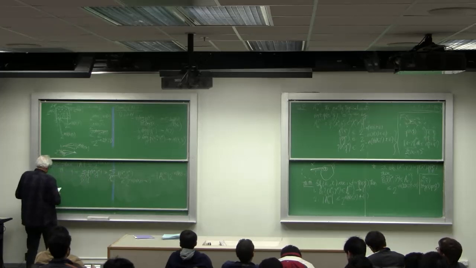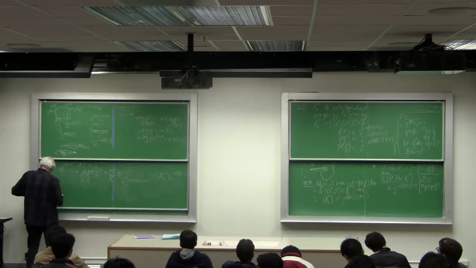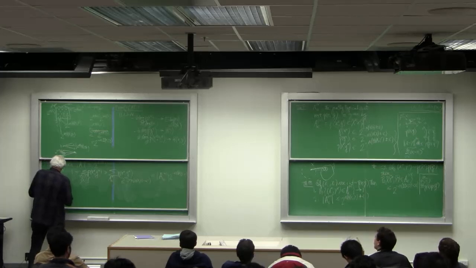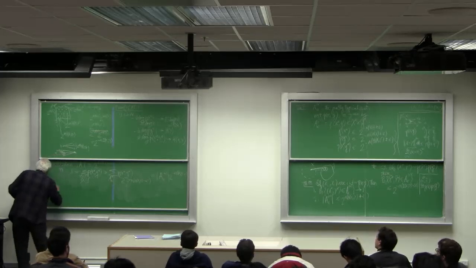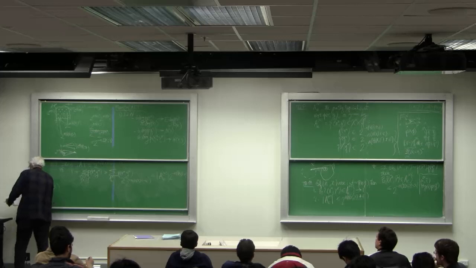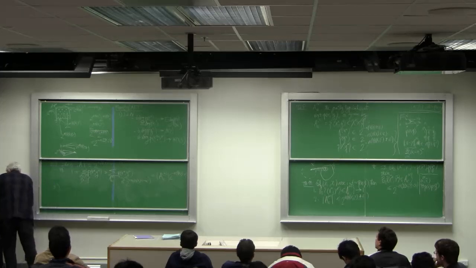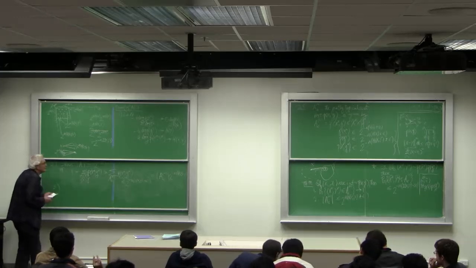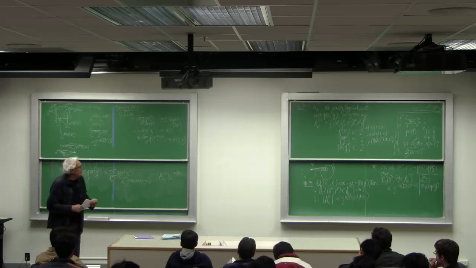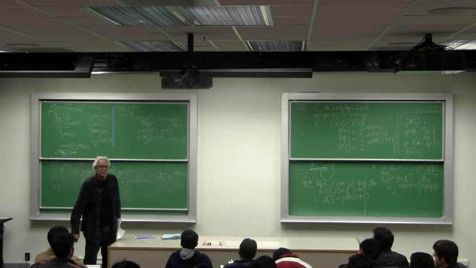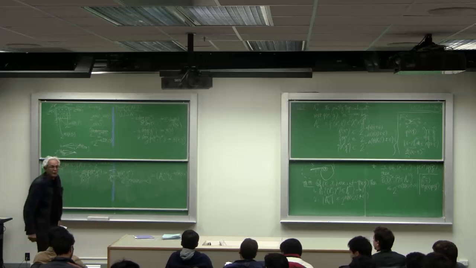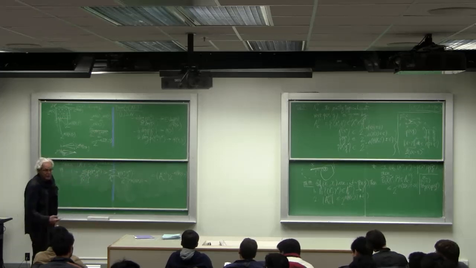Now let's prove number 3, which is the crucial one. Number 3, we're interested now in the x tildes and y tildes having the right marginals, but being independent.